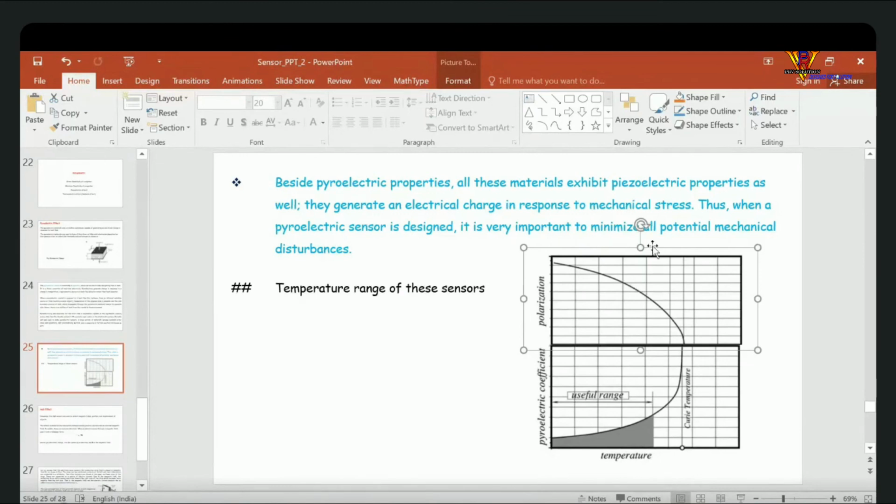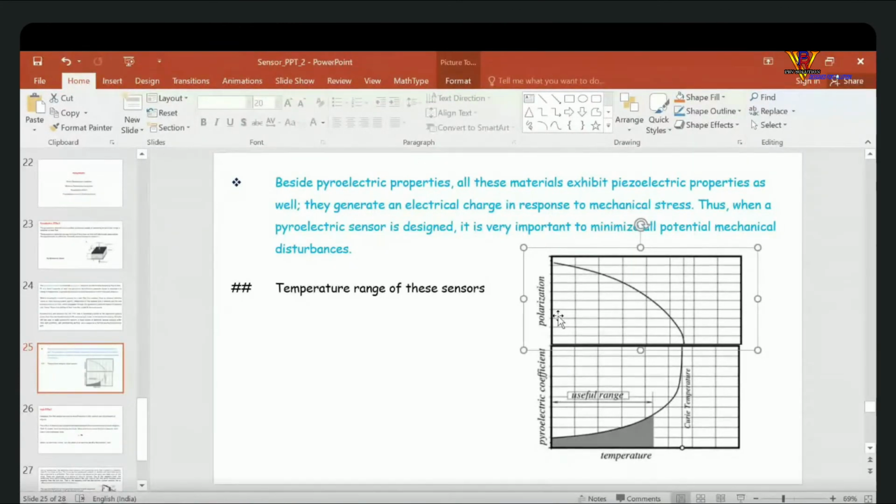These things can be explained with respect to these figures. Now what we can see from here is the pyroelectric sensor when it is exposed to a step function of heat: at zero it is zero, and just after zero it has some fixed value.